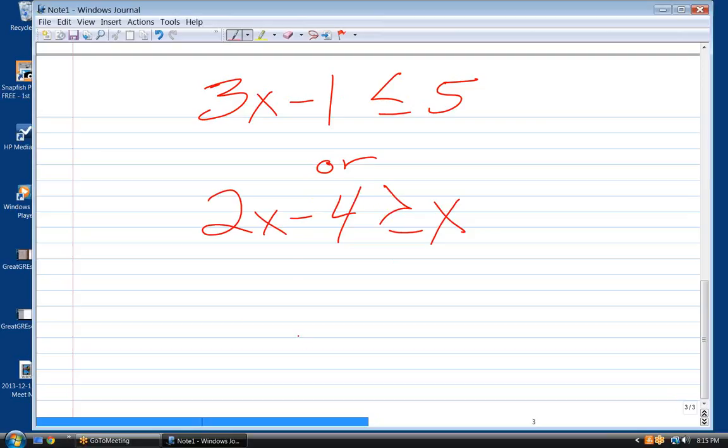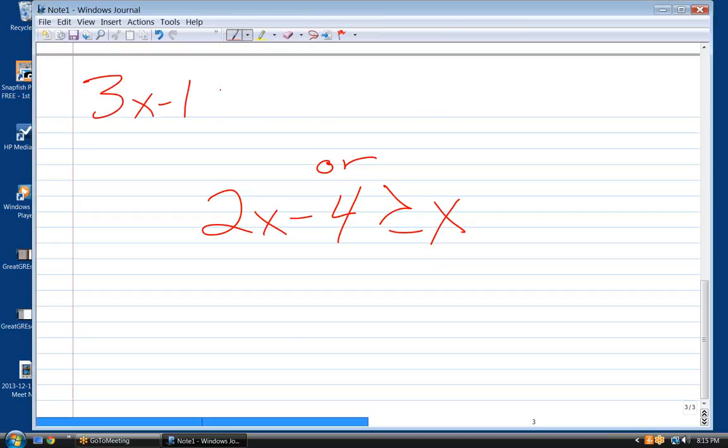Yeah. Okay. I meant to write these horizontally. Let me just move this over. 3x minus 1 is less than or equal to 5, or 2x minus 4 is greater than or equal to x. Solve each one.